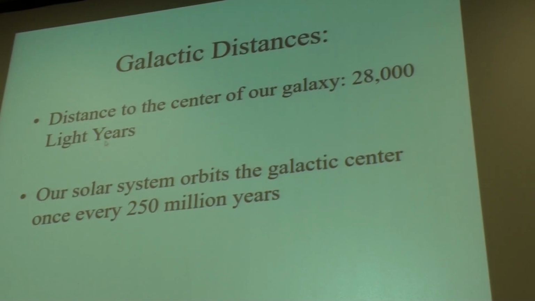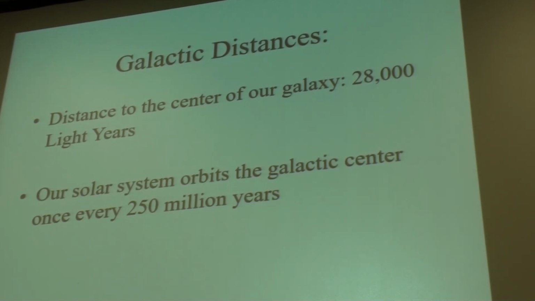And so how far are we from the center of our galaxy? Well, we think something like 28,000 light years. And our solar system orbits the galactic center once every 250 million years. Okay, so you might think it must be really taking its time, if it takes 250 million years to go once around the center of our galaxy.